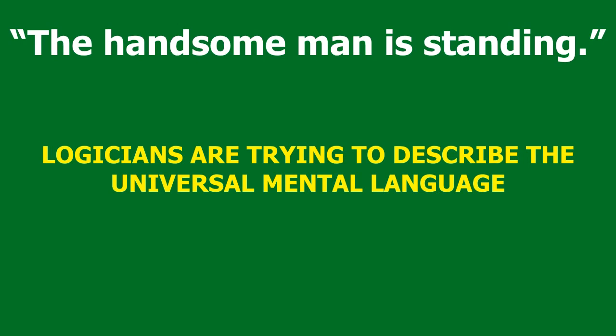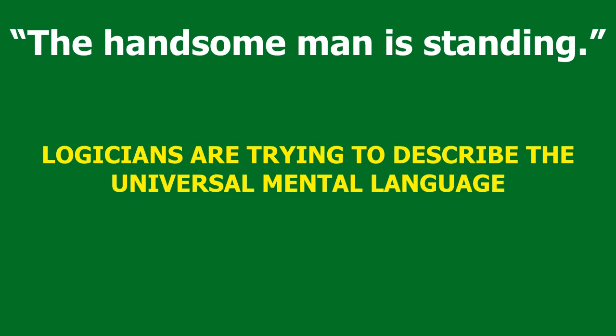That's why when in this lesson I explain the concepts of the Muslim logicians using English terms and English words and English grammar, it's completely equivalent to what the Arabic-speaking grammarians are doing when they use Arabic terms and Arabic grammar, because the point of the logicians is actually not the language that is spoken, but the mental language that's universal. This is a point that's mentioned by the logicians themselves in their commentaries. And the logicians are trying to describe the universal mental language.